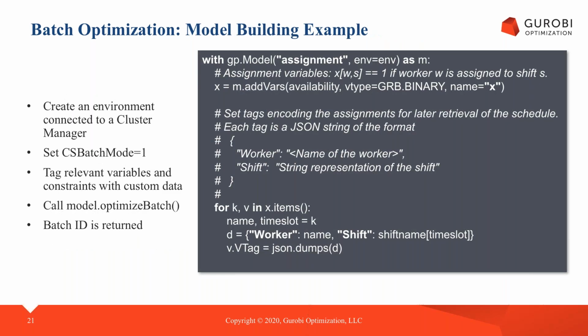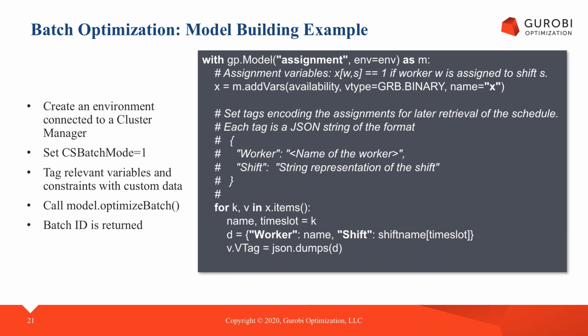Let's take an example. Let's assume that you have a typical assignment problem where you need to assign workers to shifts. In this type of problem, you will have a binary variable to represent the assignment of one worker to one shift. The tags are pretty straightforward.